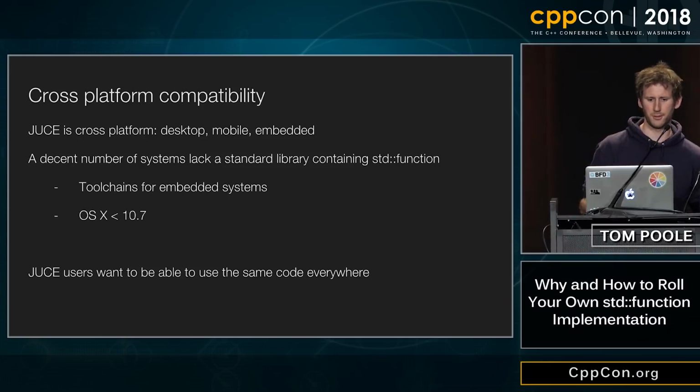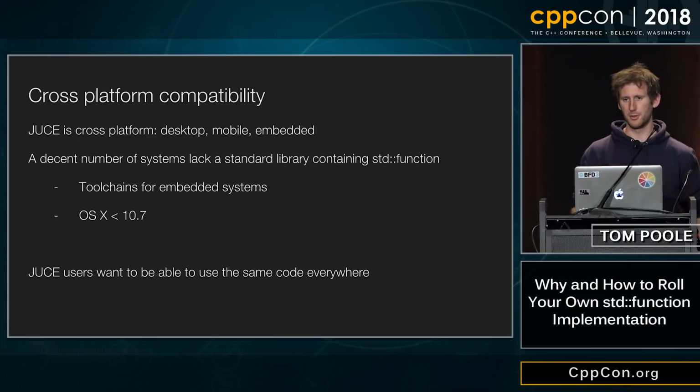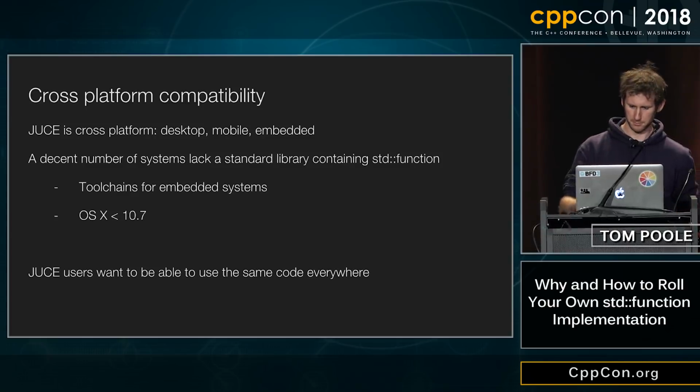Also, if you want to target OS X older than 10.7, you'll find that you're free to use a really modern compiler, but you're limited to the standard library that's available on that platform, which gives us most of C++11, but std function is the real standout that the JUCE users really wanted.